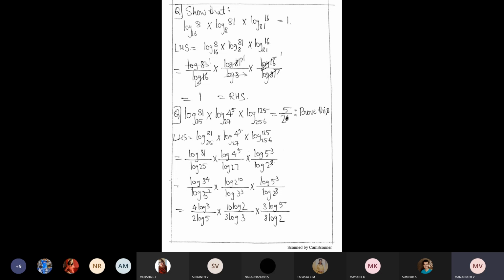There may be a bit remaining with regard to how to use these log anti-log tables. That I'll teach you. Certainly we'll have at least a few days of offline classes. At that time you can take it up. But don't worry, even if it is not there, you can answer this. You can take that as a choice if not possible.